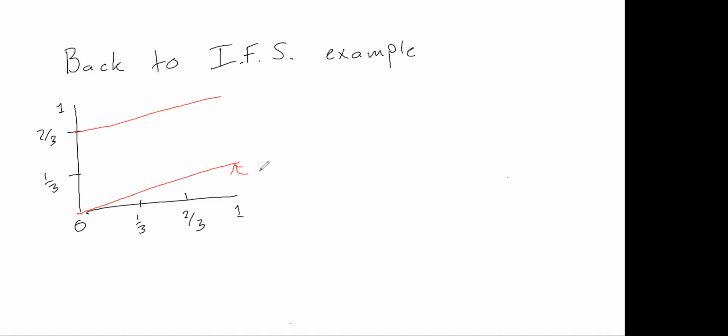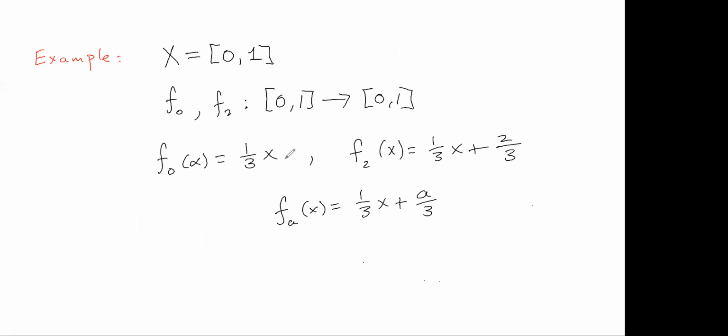This is F0. This is F2. Each one has slope 1/3, with y-intercept 0 and y-intercept 2/3.